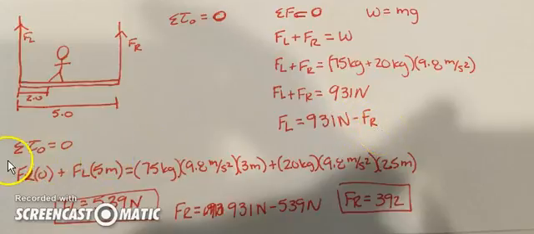So, the summation of the torque around a point is equal to 0. And so, right here, we are going to use our right as our point. So, that's the point.